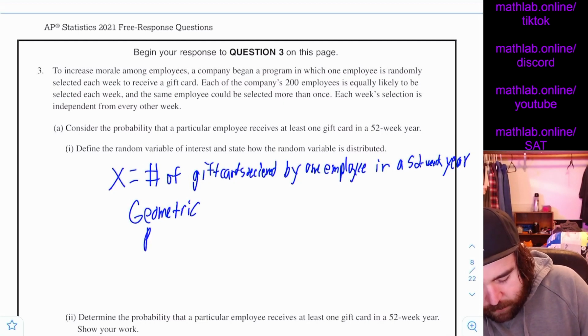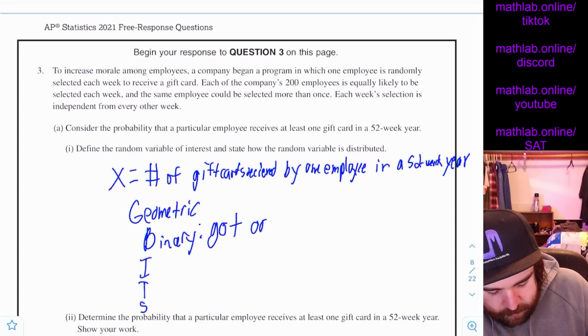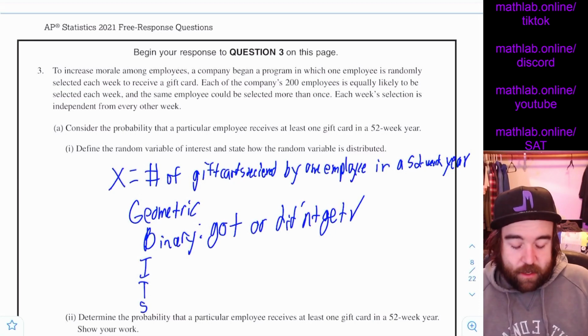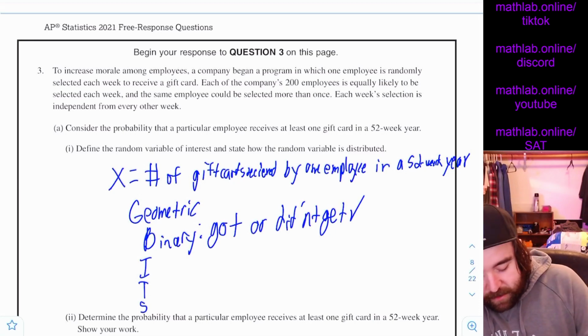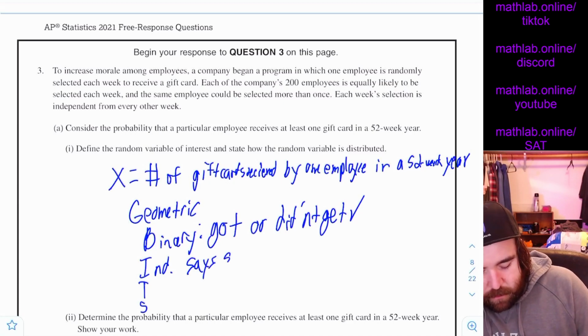Because what do you need? You need binary. Got or didn't get. They're either getting it or they didn't, so it's binary. It's independent because it says so.